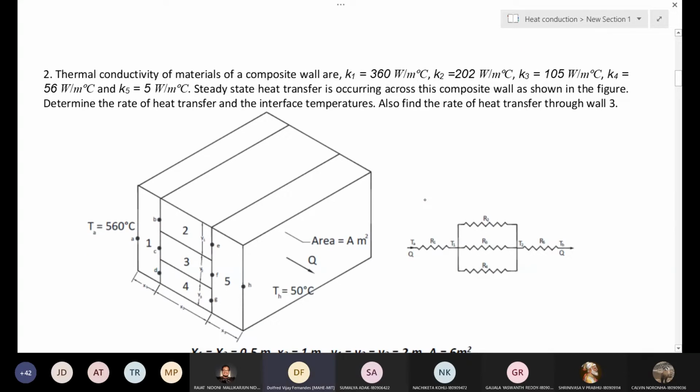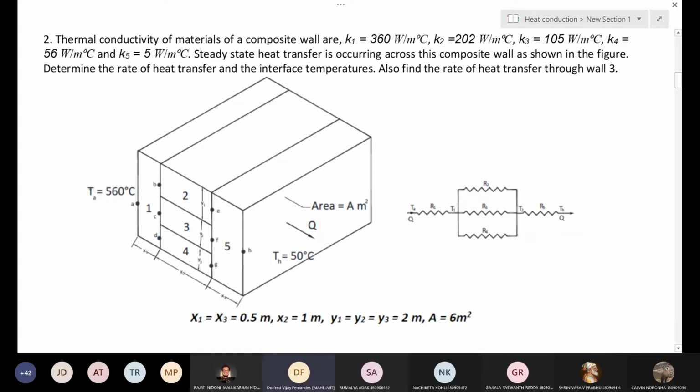The composite wall. Thermal conductivities of the materials of the composite wall are given. There are 5 wall portions here. So this is wall number 1, 2, 3, 4, 5. There are 5 different materials.